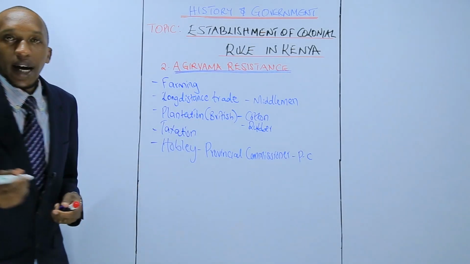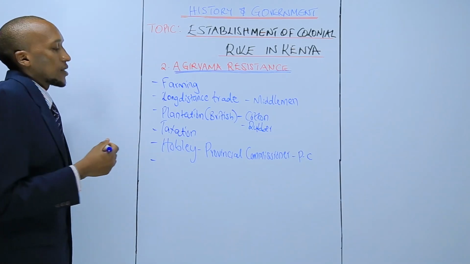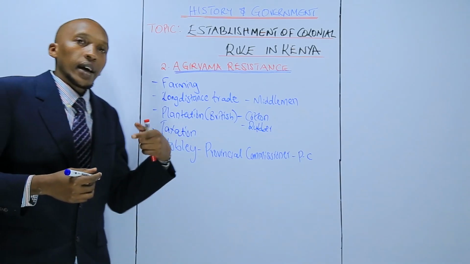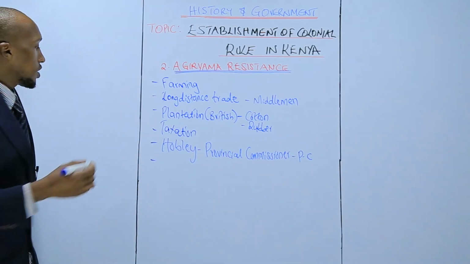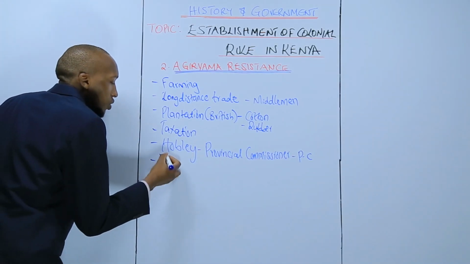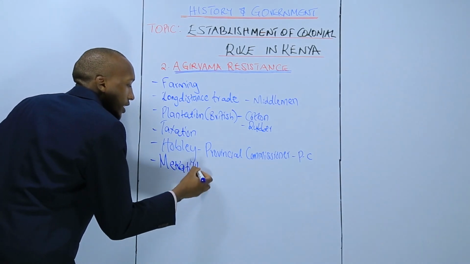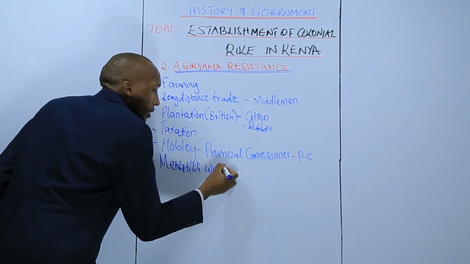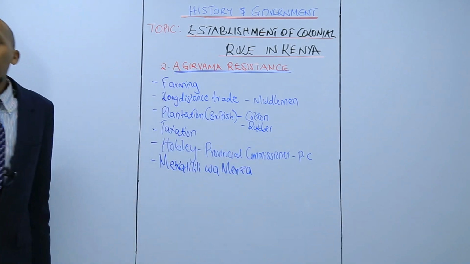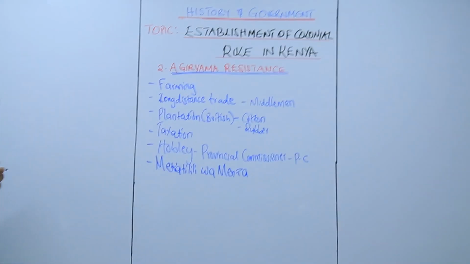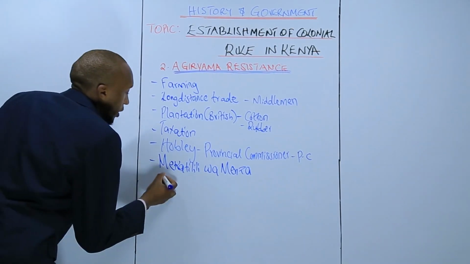They were led by two significant leaders. Remember, the people who were bringing the grievances to the commissioner were these two leaders. One was a lady known as Mekatilili wa Menza. And also there was Wanje wa Madorika.